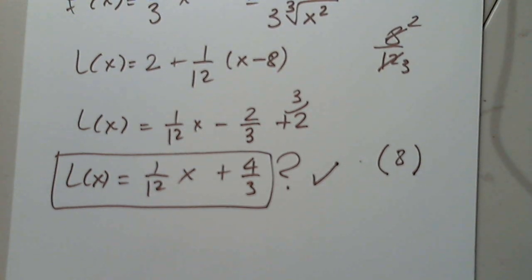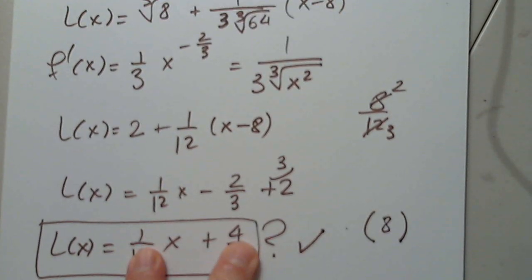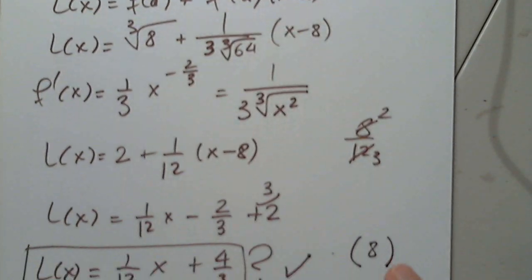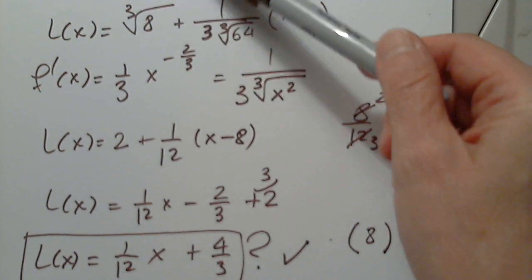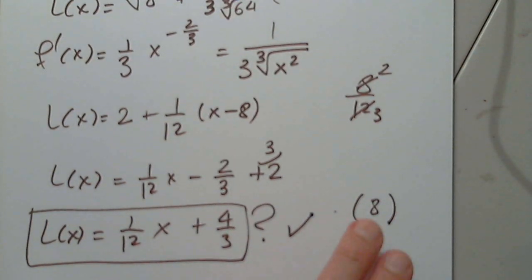This is the linearization of the given function. If I use this function or I use this function to evaluate close to 8, I'm not going to get a big difference. And you can always check. You can punch in both in the graphing calculator and punch in values left and right of 8, but very close to 8, and you'll see the difference is insignificant. That's the linearization.